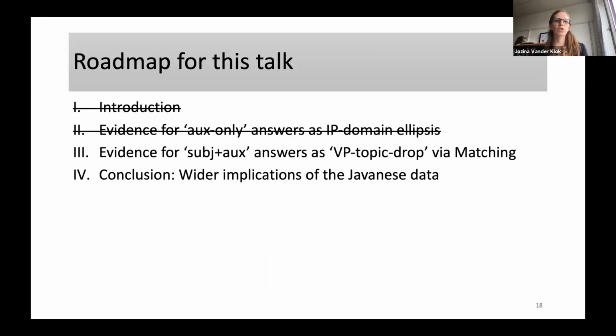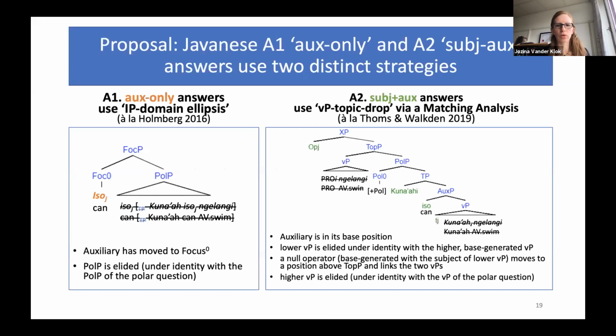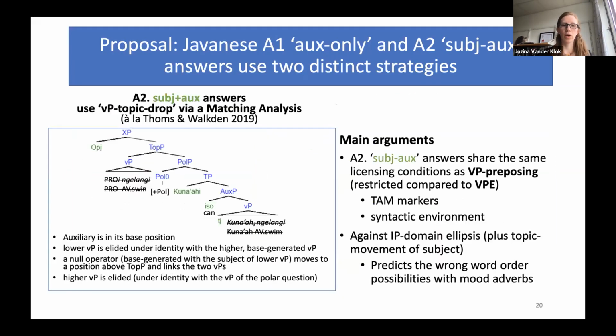Okay, let's turn now to the subject auxiliary answers. So here recall that I'm arguing for a derivation that is neither like auxiliary only as IP domain ellipsis, but also not a VPE analysis, but instead a matching analysis.